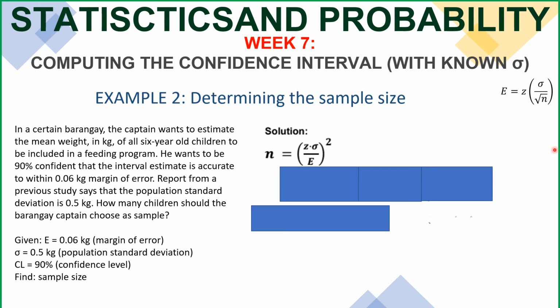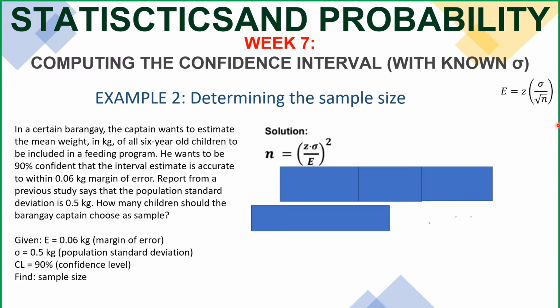So, kinukuha natin dito is N, right? So, meron tayong iba't ibang formula, di ba? Yung margin of error, the upper and the lower confidence limit. Pero, inahanap natin is sample size na may symbol na small letter n. So, sa kanilang tatlo, yung margin of error, yung may symbol na letter n.